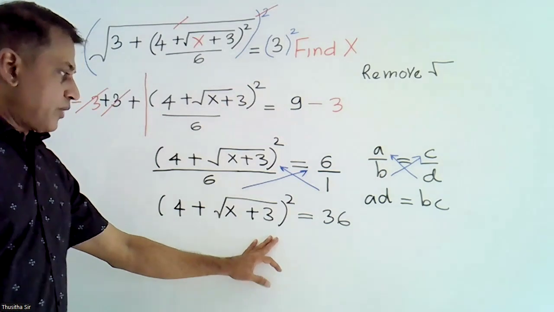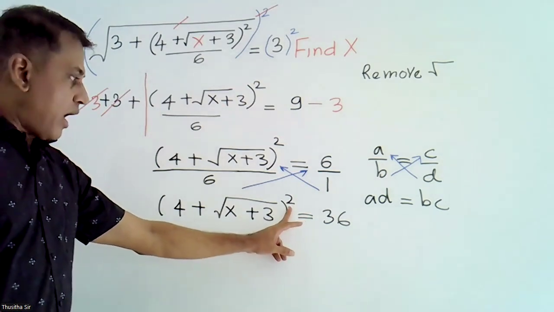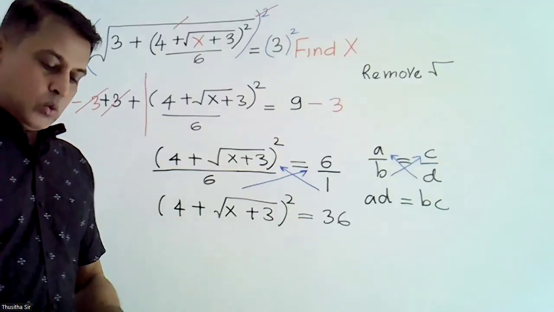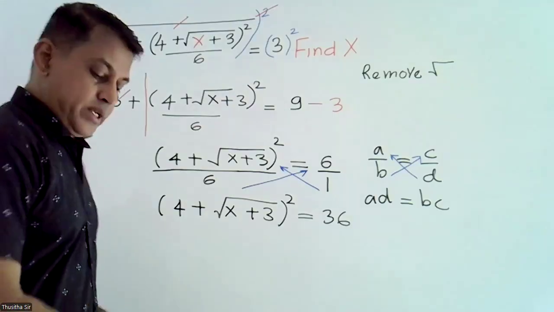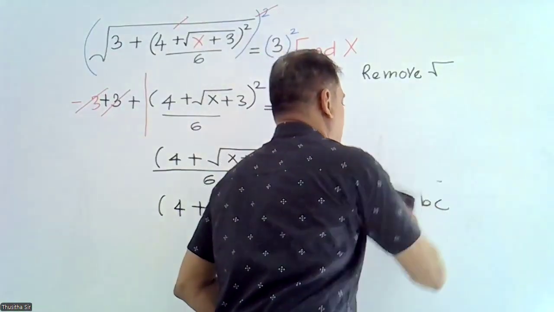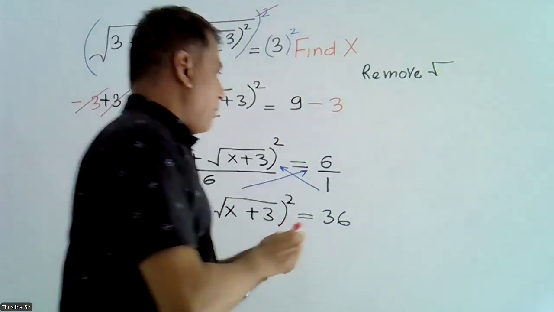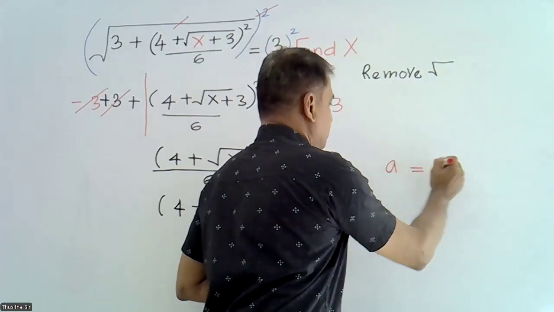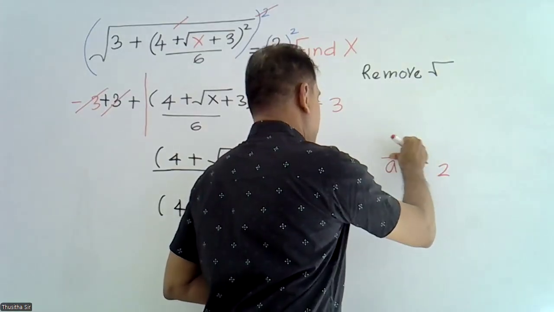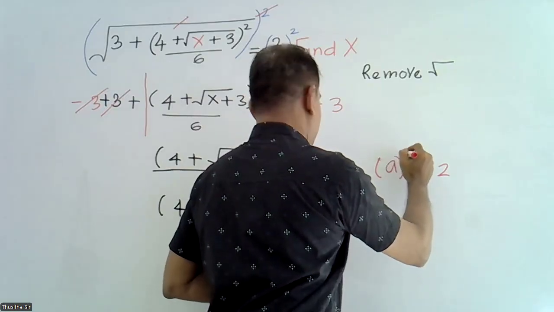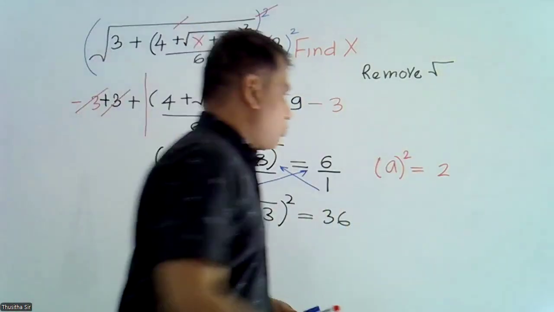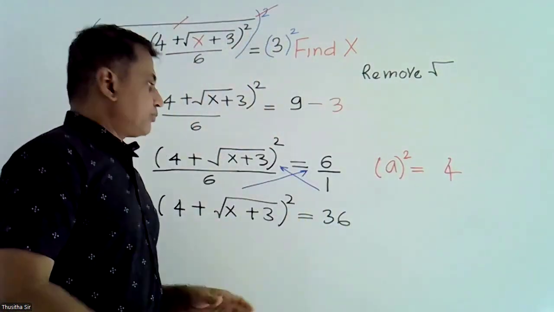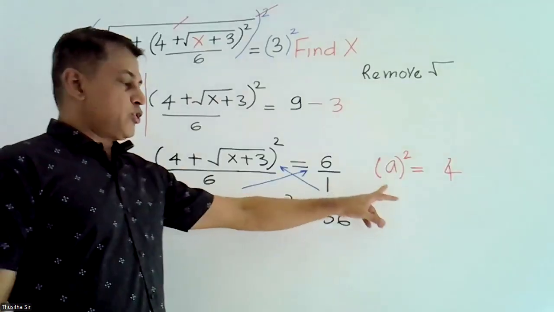Now, what I have to do next, I would like to remove the square. So again, I make the rule here. The rule is, let's say A squared equals 4, and let's assume this one is similar to this.